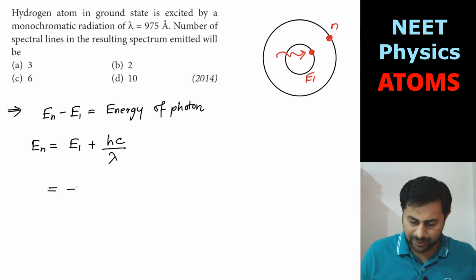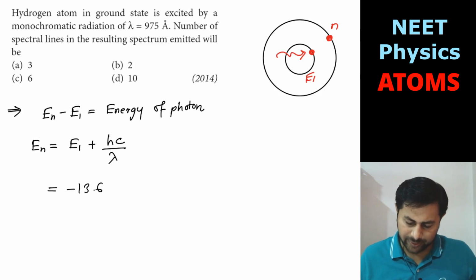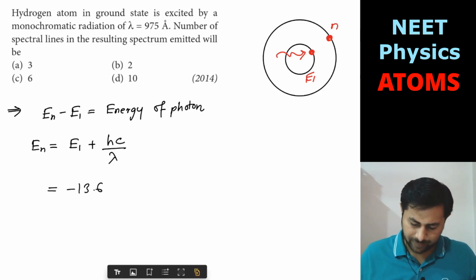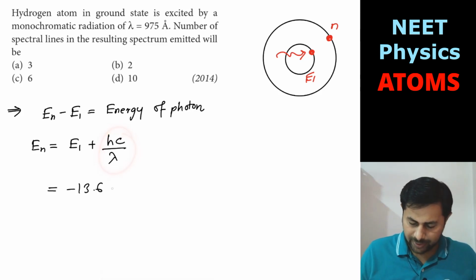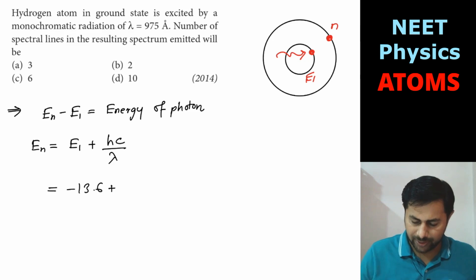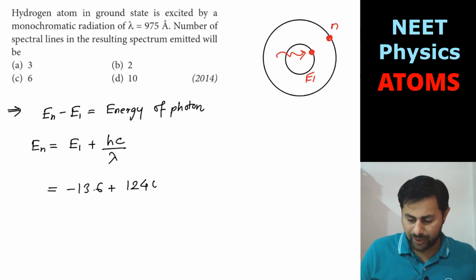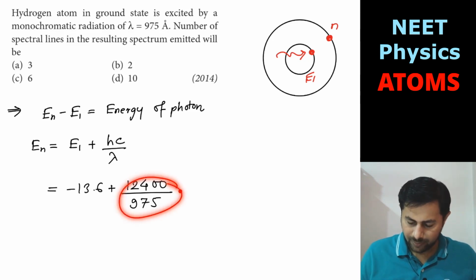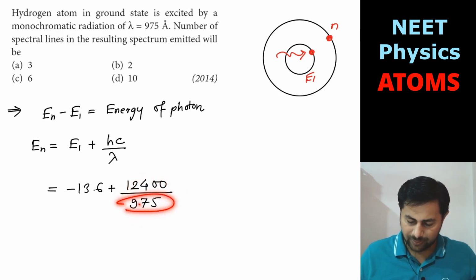So this is minus 13.6 electron volts plus hc by lambda. hc is 12,400 electron volt angstroms, since lambda is given in angstrom, divided by 975, so nearly 1000.